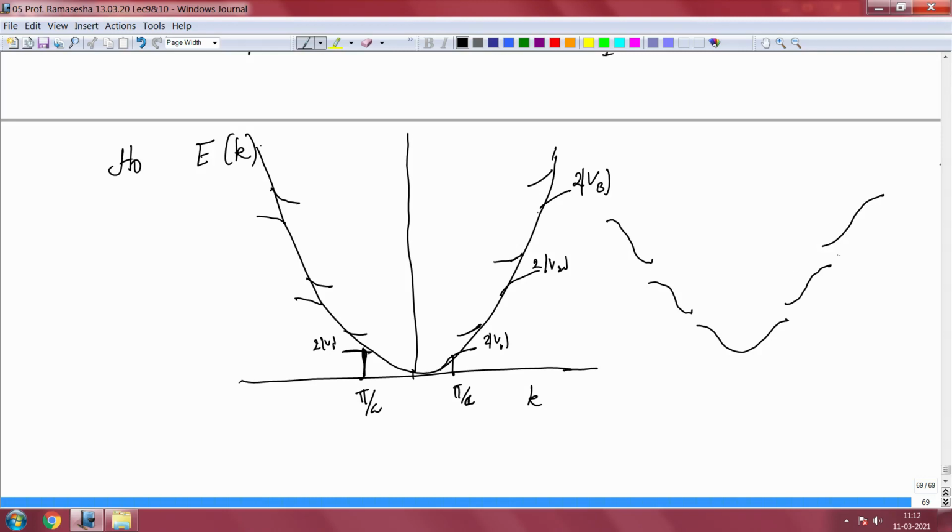So, there are gaps. This is 2V1, 2V2 and so forth.